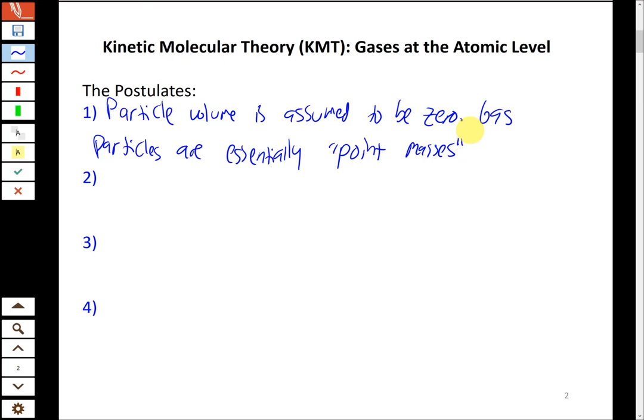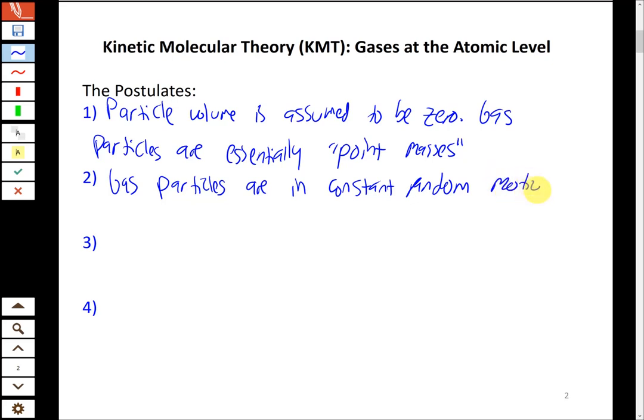Now the important one here is number 2. I think this is probably the most important one to realize, which is that the gas particles, the atoms or molecules that make up the gas, are in constant random motion. So that sample of gas that you have is made up of atoms or molecules that are constantly moving around.